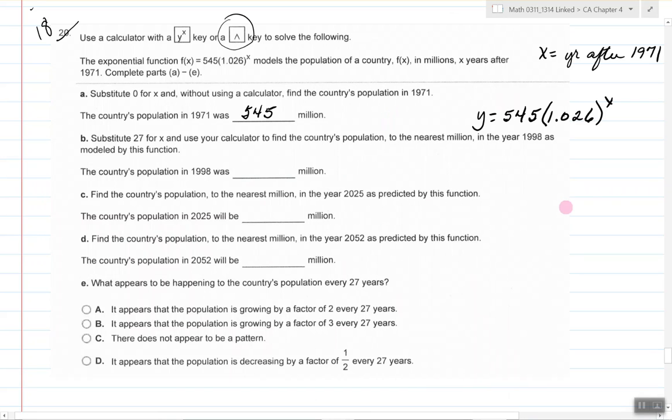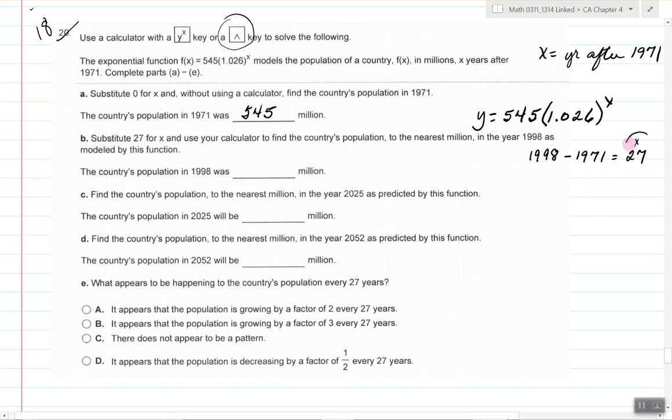All right, next. Substitute 27 for X and use your calculator to find the country's population to the nearest million in the year 1998. Now, where did they get 27? 1998 minus 1971 is 27.